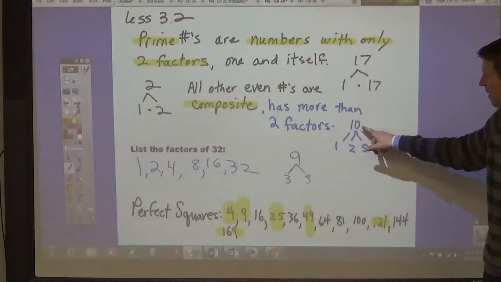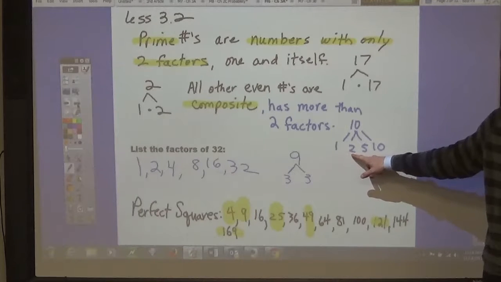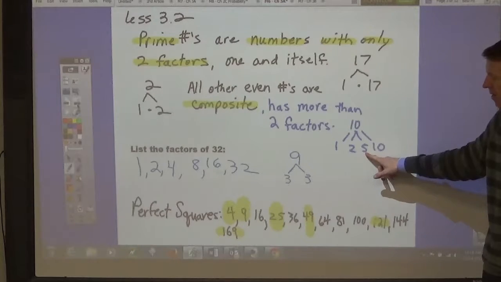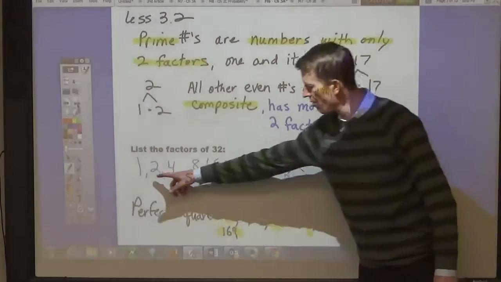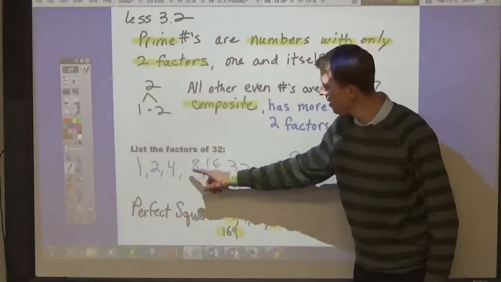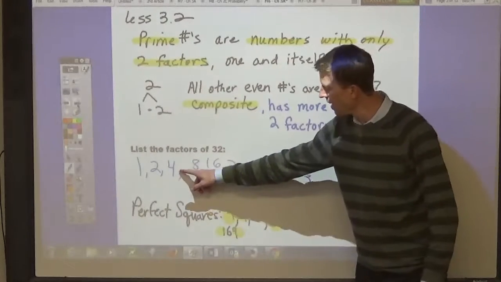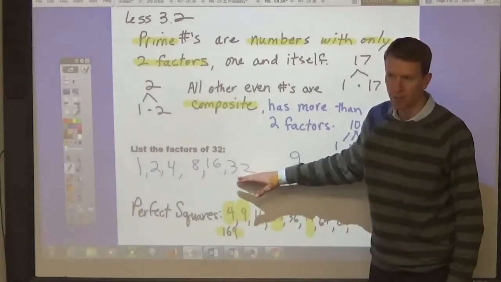Like, is it even? Then 2 is a factor. 2 times 5 in this case. Or the number 32: 1 and 32, 2 and 16, 4 and 8, and then there's nothing in the middle, so now you know you have them all.